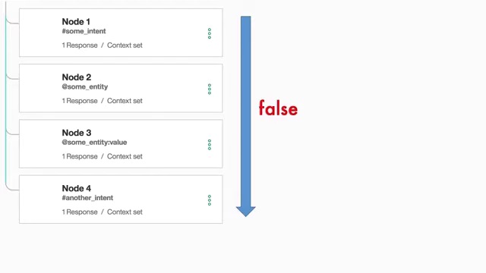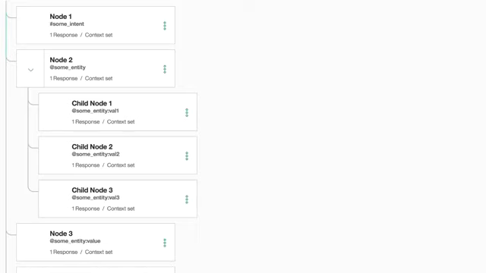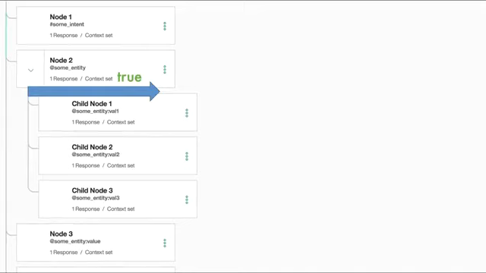Nodes can also have children nodes, and there are situations in complex chatbots where employing this feature enables us to create a more nuanced chatbot. Children nodes are considered for execution only after the parent node has been executed, unless some other node in the dialog explicitly jumped to a given child node.